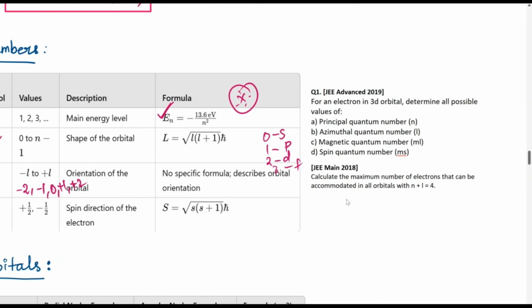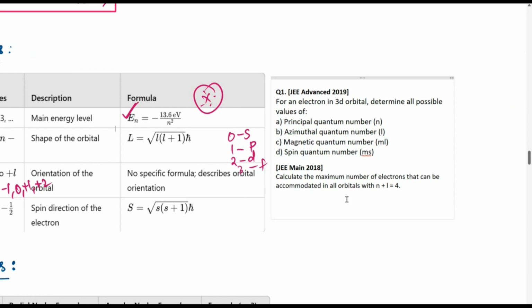Okay, so now let's solve some questions based on this. A simple question asked in JEE Advanced 2019: for an electron in the 3d orbital, determine all possible values of principal, azimuthal, magnetic quantum number and spin. As I told you, the principal quantum number is nothing but the shell. So n is equal to 3, third shell, right?